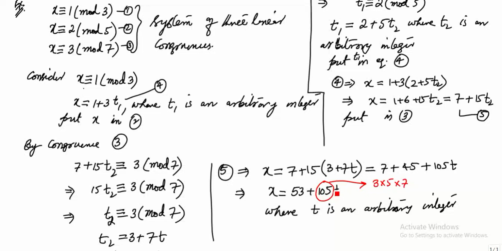Okay, so that thing could be used in the Chinese remainder theorem as well. Okay, anyway, 7 plus 45 is 52. So it's better to write 52 here.